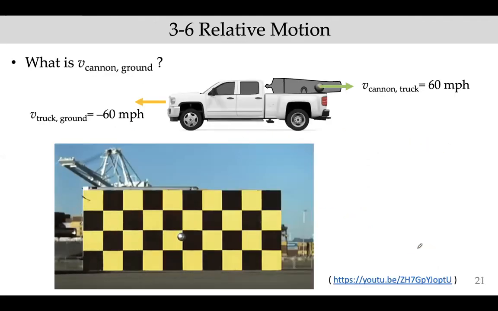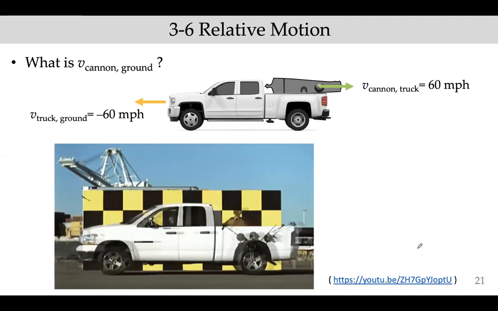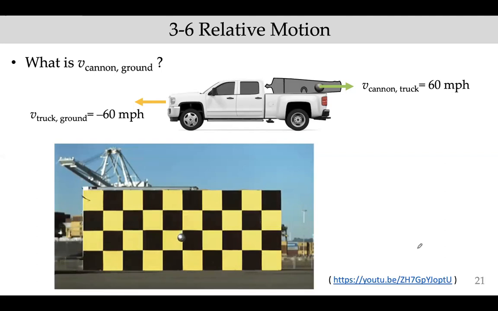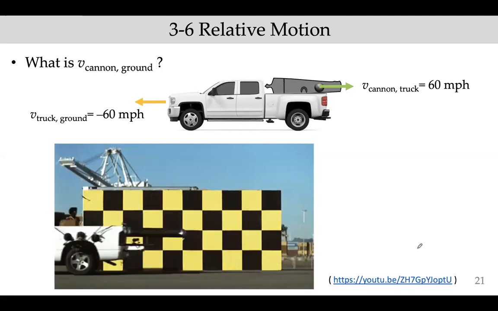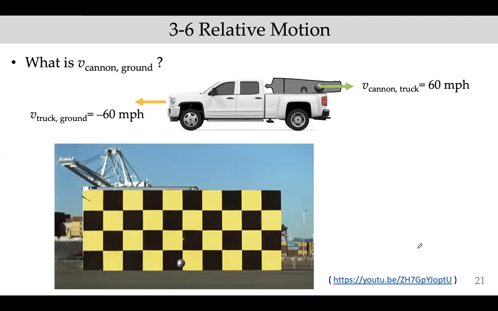Okay, now finally in this section, we will talk about relative motion. The motion is relative if you are moving on some object. It could be a car, it could be something else. We can talk about your speed with respect to the car and your speed with respect to the ground, right? So let's say you are in this car, you are this person here driving.